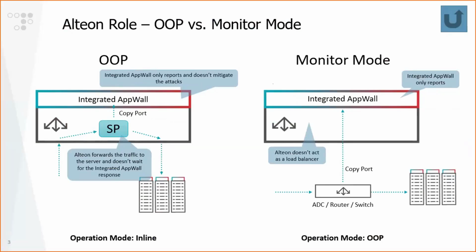One more difference between the modes is the operation mode. Out-of-path works as an inline mode, which means Alteon gets the incoming and outgoing traffic. And in monitor mode, the operation mode is out-of-path. Alteon and Apple are not part of the incoming or outgoing traffic, and it doesn't impact the traffic.